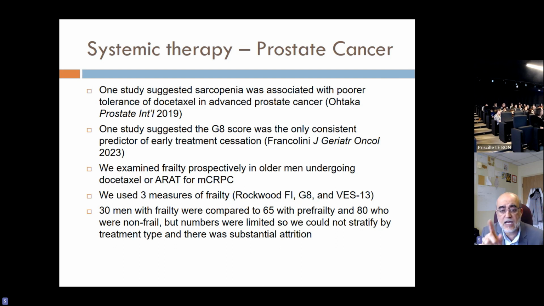I apologize, this slide was not translated into French. I missed that. Another study suggested that of the various variables they looked at, comorbidity, medications, etc., they only found that the G8, the G8 score, was associated with early treatment stopping because of toxicity.